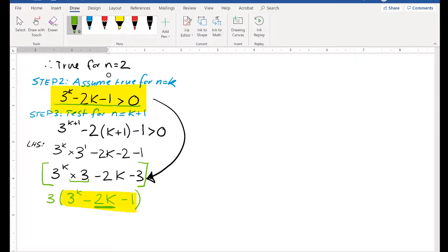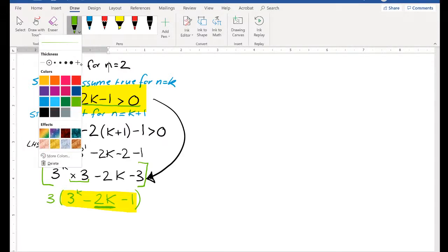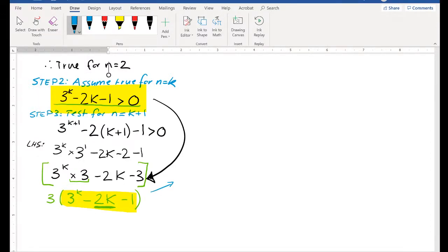So what's going to happen when I expand this out, on a side note, and you can put this in your working if you want, I'm going to get 3 timesing by 3 to the k minus 6k minus 3. Now that isn't what I had here. In fact, negative 4k is more.